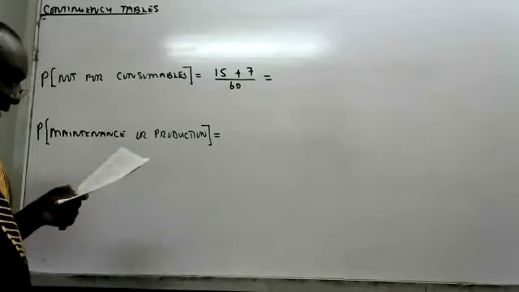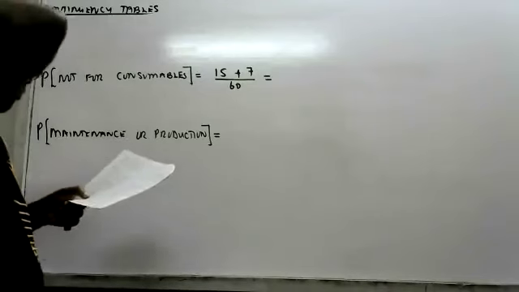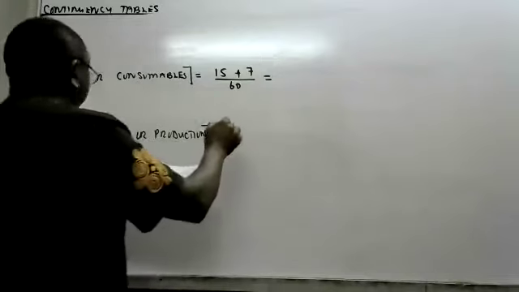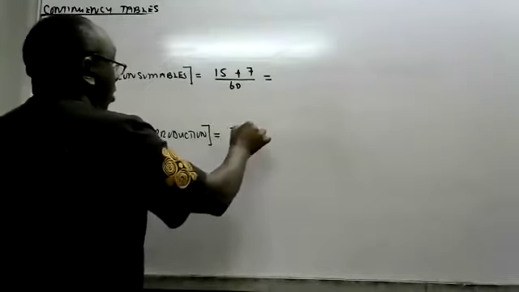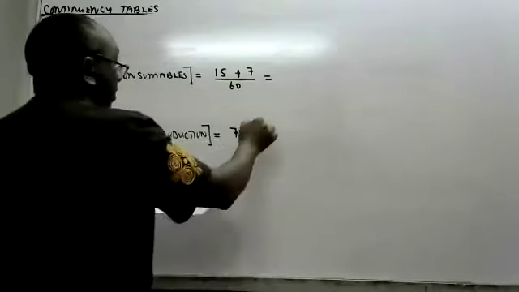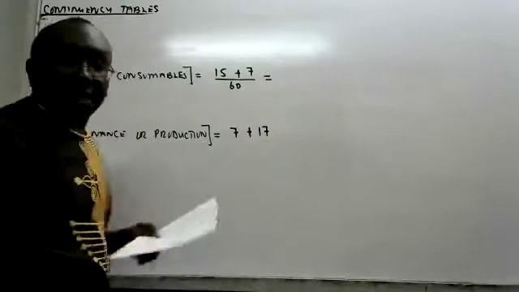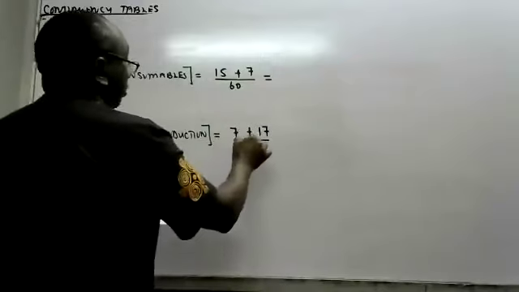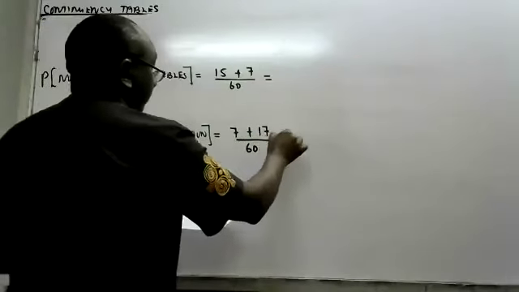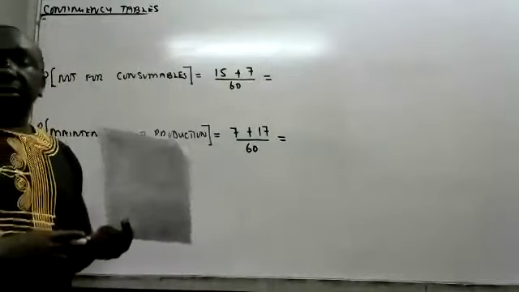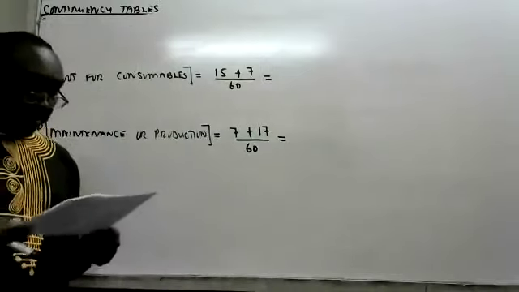It came from maintenance or production. So maintenance is a total of 7, or production is 17, and they don't meet anywhere, so there is nothing to subtract, so you divide by 60. That is all. It's that simple.